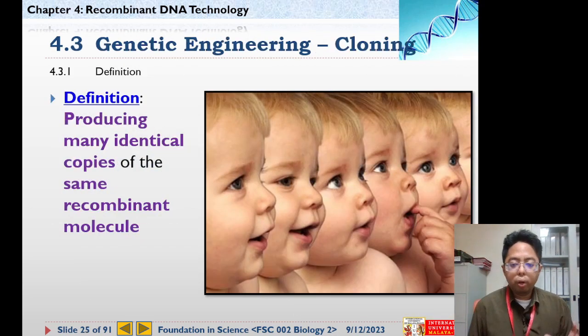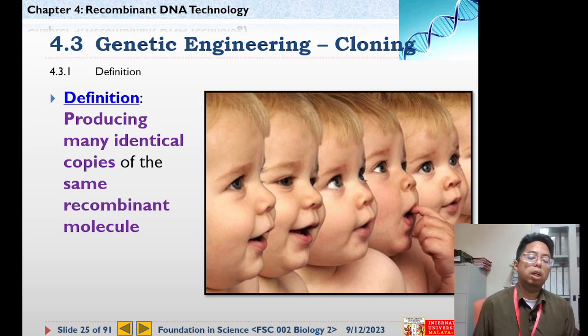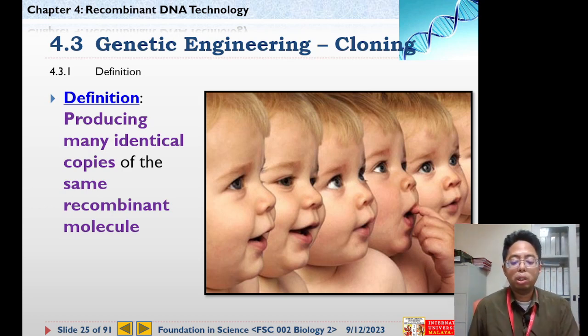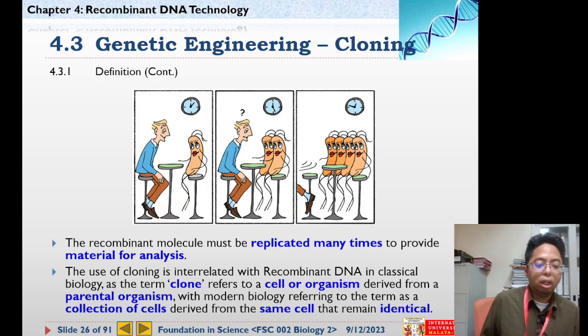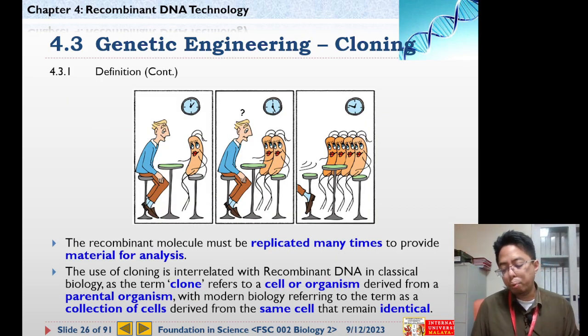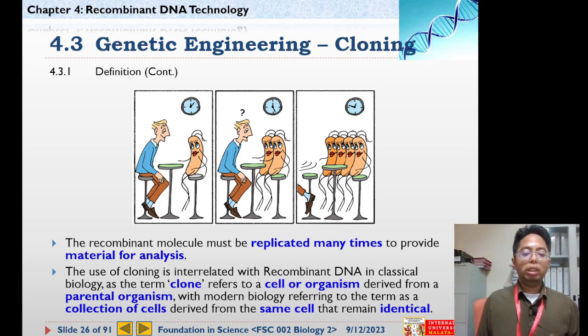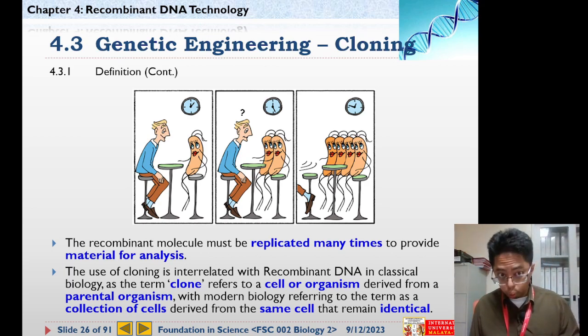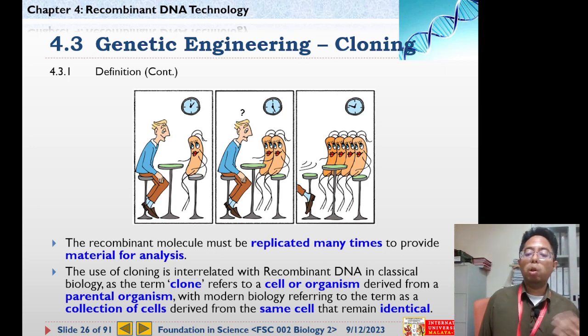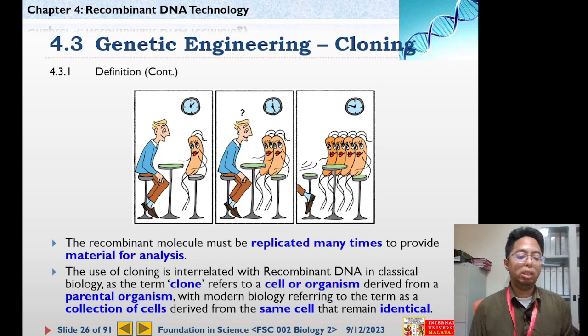So what does it mean by cloning? In cloning, we are creating many identical copies of the same recombinant molecule. Sometimes when we want to do analysis, we need more samples. Instead of taking more samples from the host, why don't we clone that recombinant molecule many times to form material for analysis?